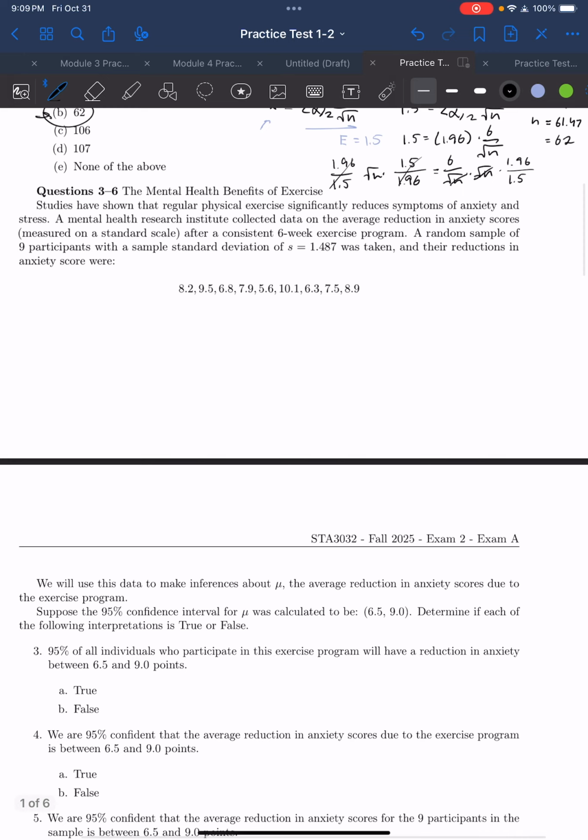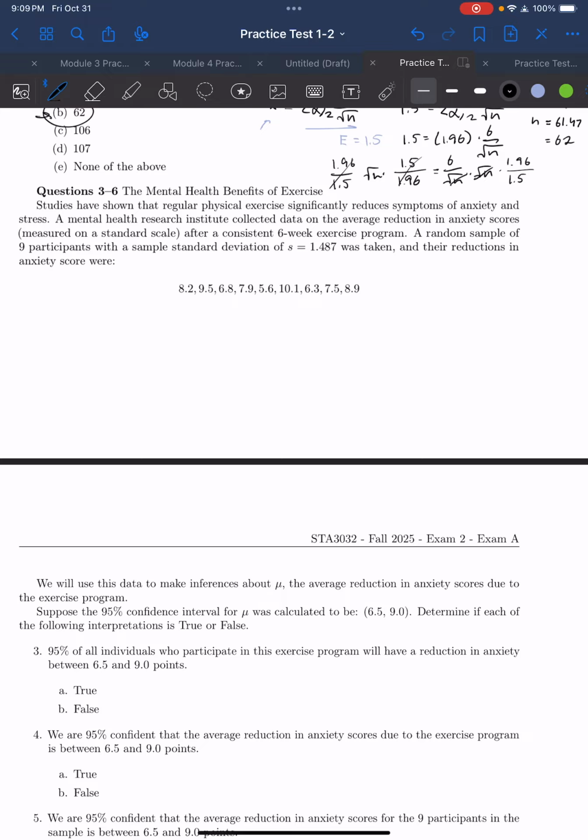And for our next question, we have this problem over here. Studies have shown that regular physical exercise significantly reduces symptoms of anxiety and stress. A mental health research institute collected data on the average reduction in anxiety scores measured on a standard scale after a consistent 6-week exercise program. A random sample of 9 participants with a sample standard deviation of S equals 1.487 was taken, and the reductions in anxiety score were the following, listed over here.